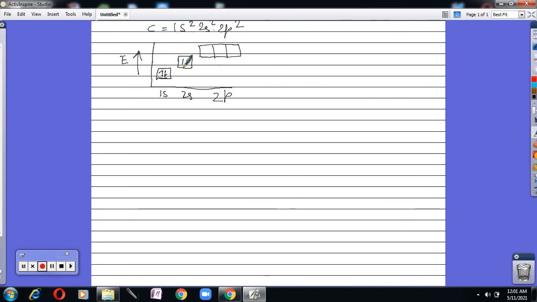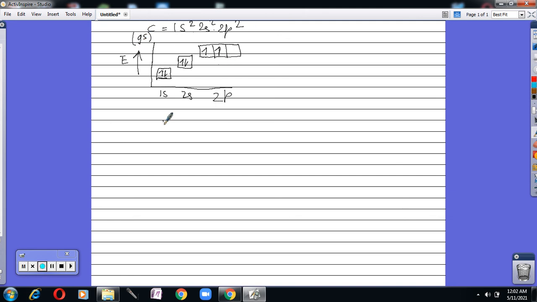In the same way, in 2s the first electron will be assigned here, then it will pair up. And for the 2p orbital, as per Hund's rule, the first electron will go here and the second electron will occupy here. So this configuration is the ground state electronic configuration of carbon.